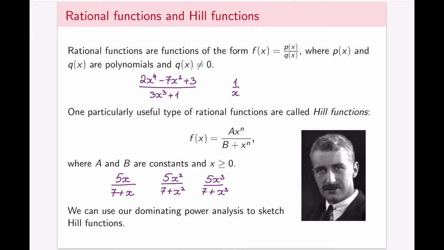The Hill functions are named after Archibald Hill, a British physiologist who studied biophysics and operational research. He, in fact, won a 1922 Nobel Prize in Physiology and Medicine for his work on how muscles actually work mechanically. These functions are going to be useful in a variety of ways.